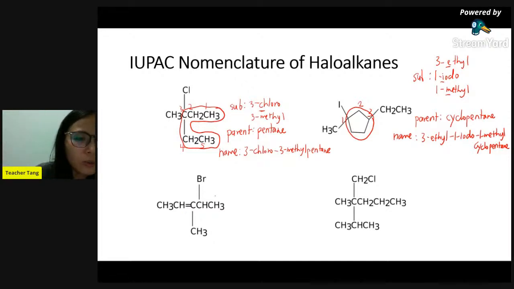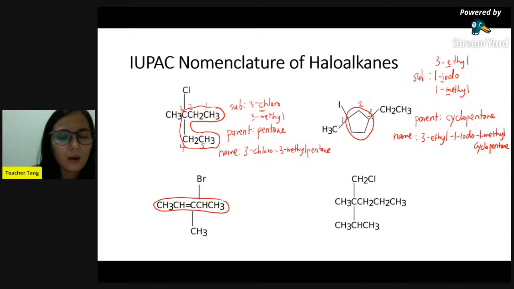So where should we start numbering the carbon on the parent chain? Again, now we have a functional group, the carbon-carbon double bond. That is the priority, because it has higher priority. So make sure the carbon-carbon double bond gets the lowest possible number.